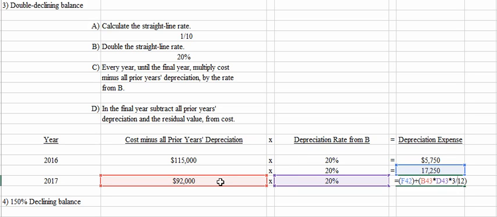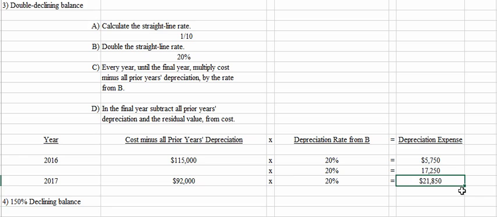That gets us to the 92,000, our B43, which we multiply by the rate, 20%, and then we multiply by the 3 months over 12 to get those last 3 months of the year. So our depreciation expense for 2017 is $21,850. For 2016, it was $5,750.